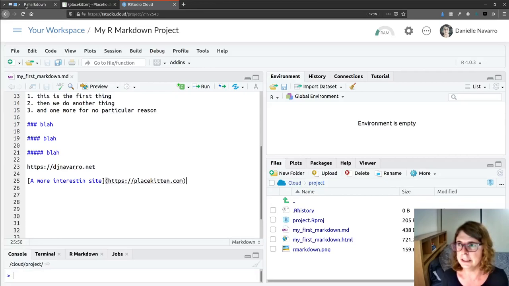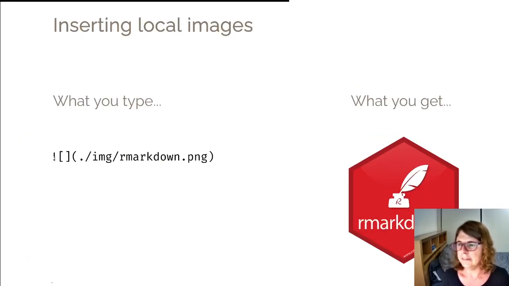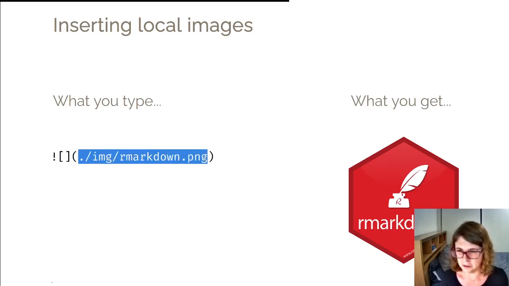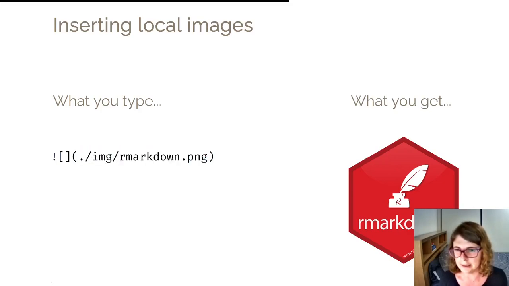Well, let's go back over here. We have this slightly funny thing where you have an exclamation mark, then you have square brackets with nothing inside them, then you have an open parenthesis, and then you have the path to the file itself, right? In my slides, I had this rmarkdown.png file in a subfolder called image, which is why it's written like that.